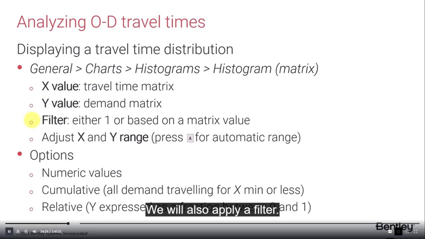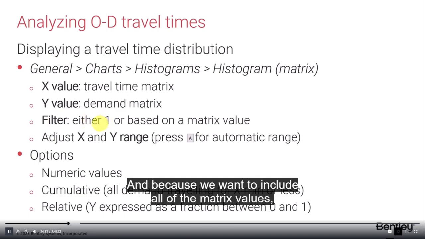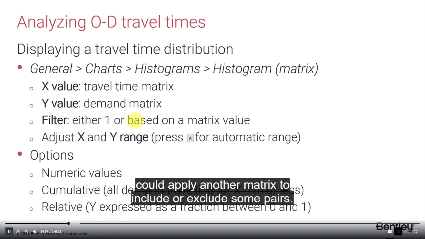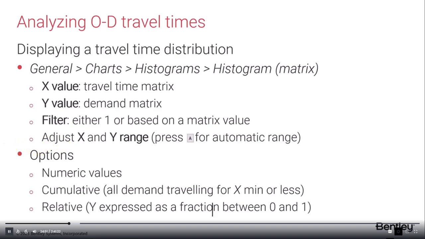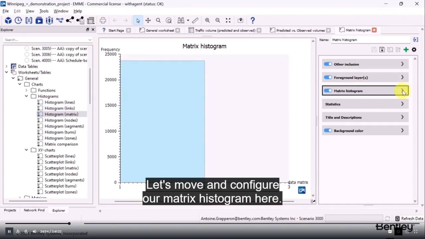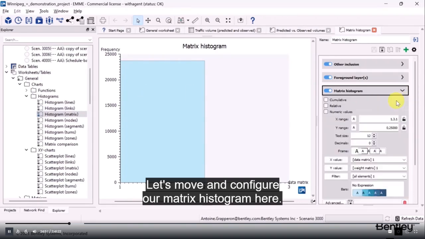We will also apply a filter, and because we want to include all of the matrix values, it will be 1 in our case, but we could apply another matrix to include or exclude some OD pairs, for instance, if we are not interested in external zones. Let's move and configure our matrix histogram here.